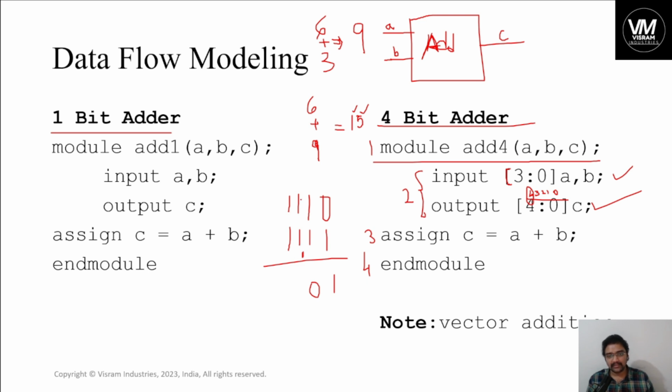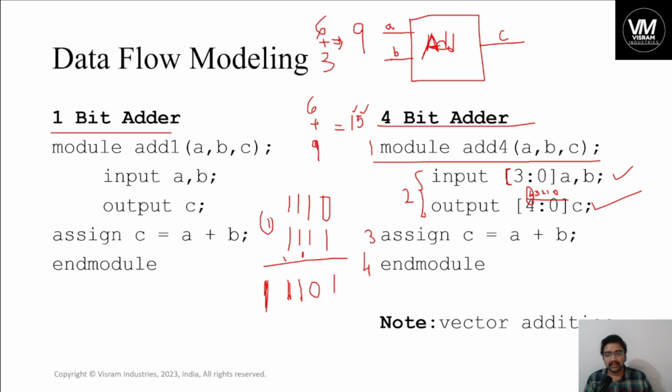So 1 plus 1 is 0 and carry 1, but 0 plus 1 here is 1, and 1 plus 1 is 0 and 1 carry. So 1 plus this is also 1, and there is one other thing, so it should be written here.